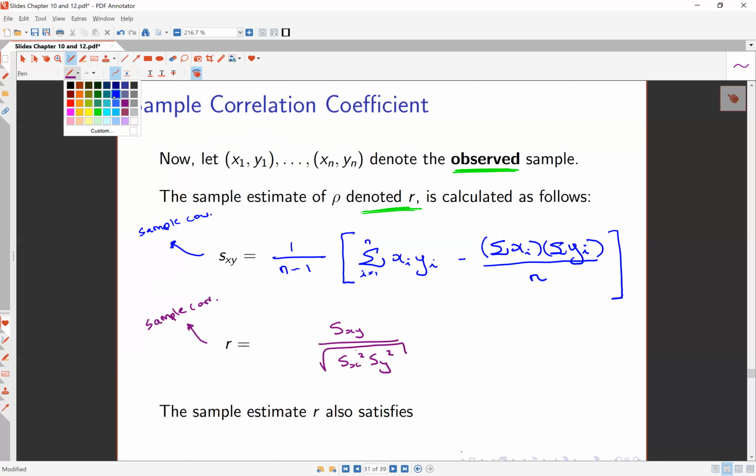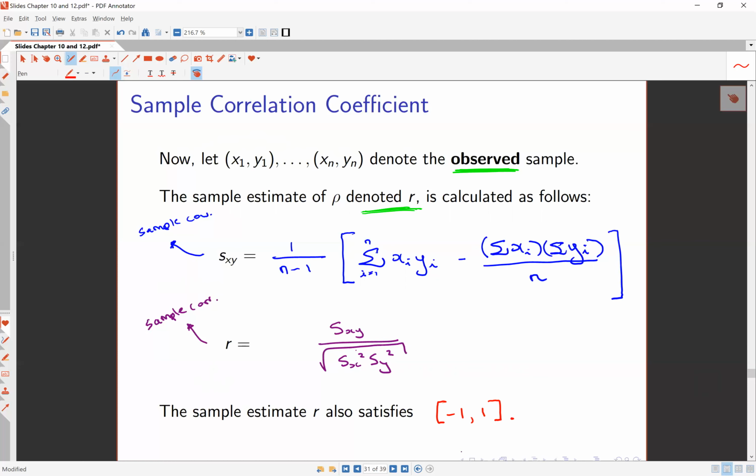The sample correlation coefficient has some good properties. It satisfies the condition that the value be between negative and positive 1, and so it has the same range as the population values.